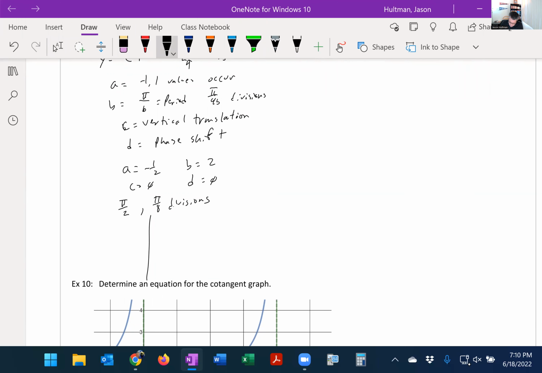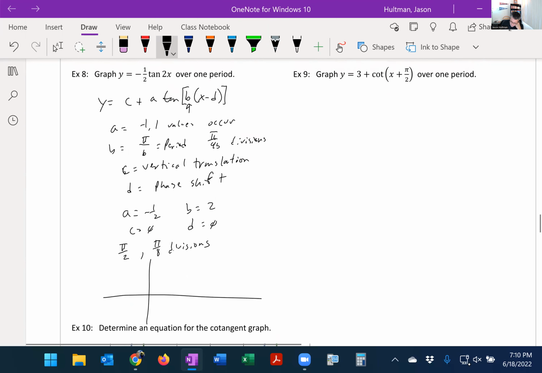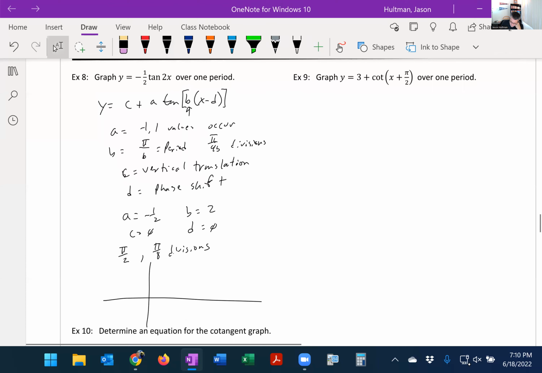Okay, so let's draw a graph here. The period is pi over 2, which means the whole thing is going to be pi over 2. The divisions are pi over 8s. So I'm going to go pi over 8, 2 pi over 8 is pi over 4, negative pi over 8 and negative pi over 4.